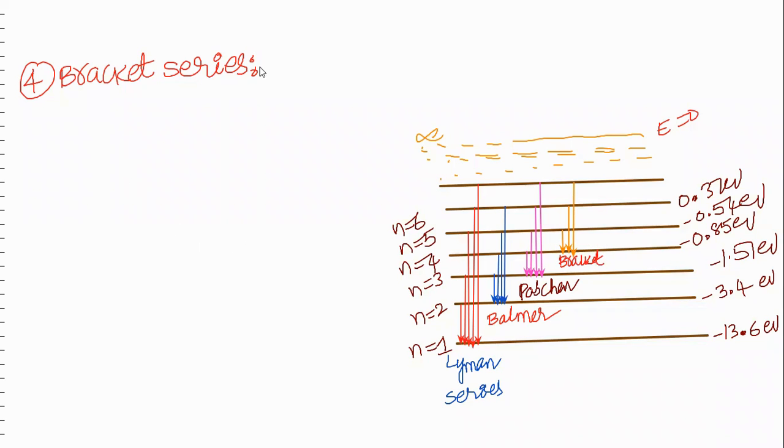For the Brackett series, n1 is equal to 4, n2 is equal to 5, 6, 7, and so on. Therefore, 1 by lambda is equal to R into 1 by n1 square minus 1 divided by n2 square.